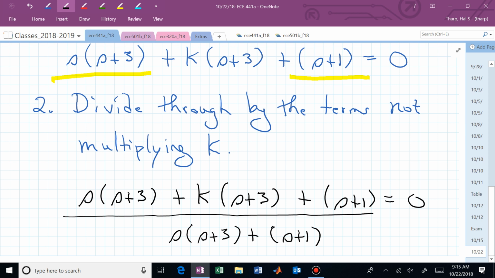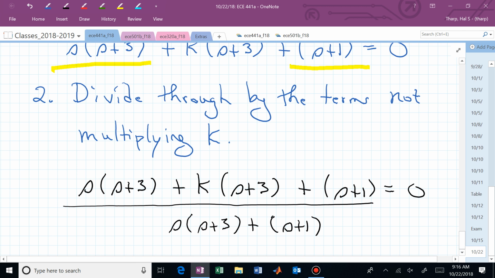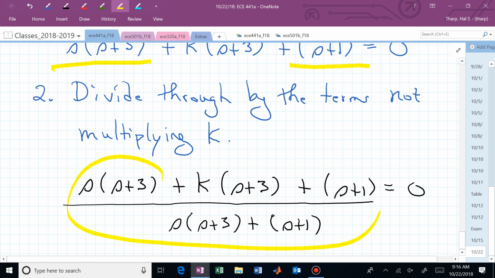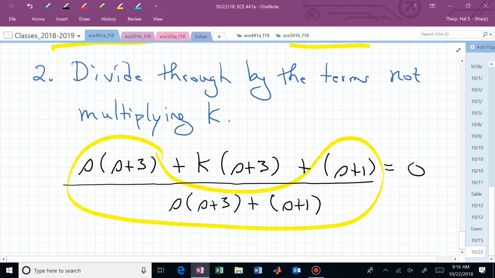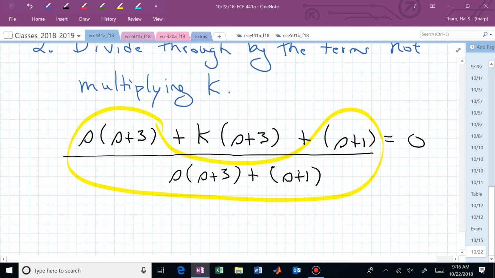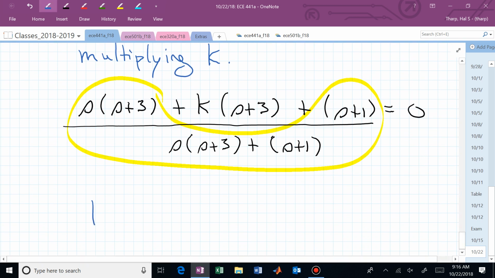And we can do that. We can multiply an equation by 1. We've now divided both sides by s times s plus 3 plus s plus 1. And now all we have to do is a little manipulation. We see that we now have the same piece in the numerator as we have in the denominator, which allows us to convert all of that highlighted in yellow by a 1.